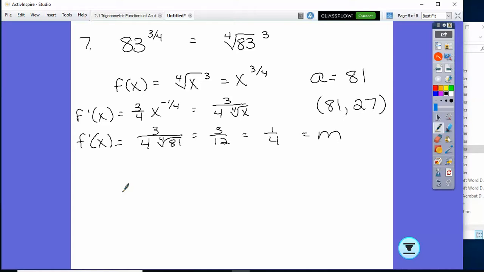So that is my slope. I have a point and a slope. So now we can write the equation. So plug into y equals mx plus b.